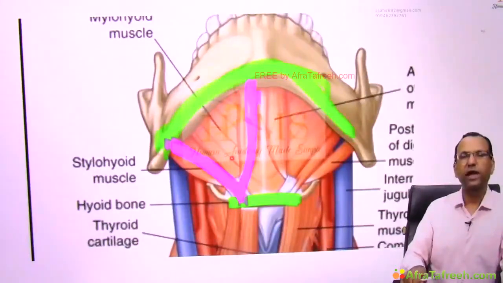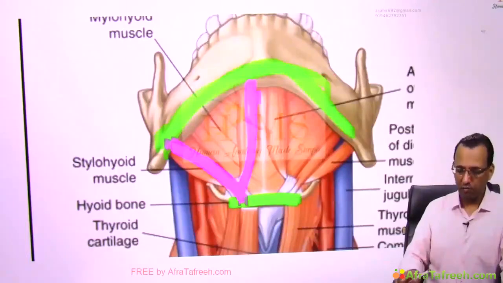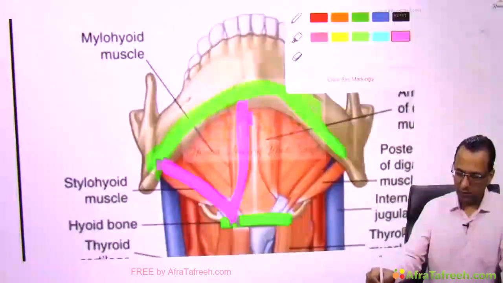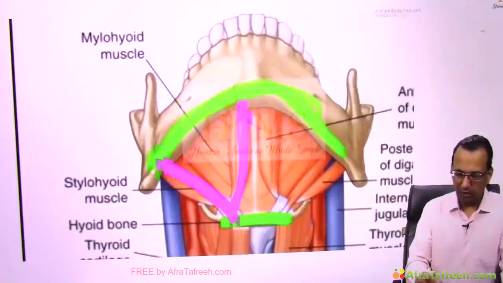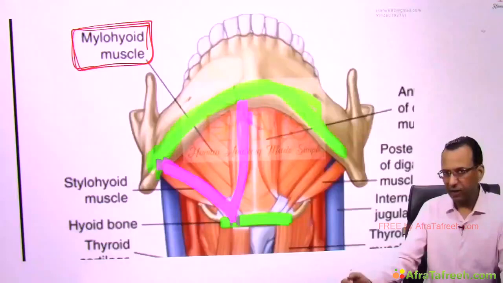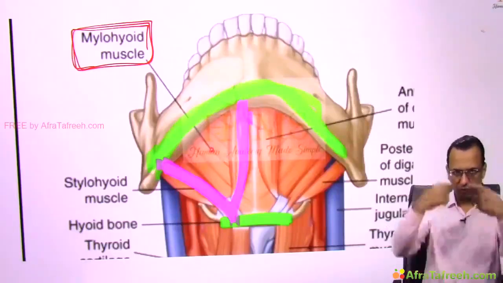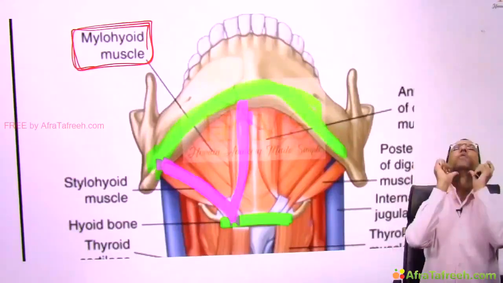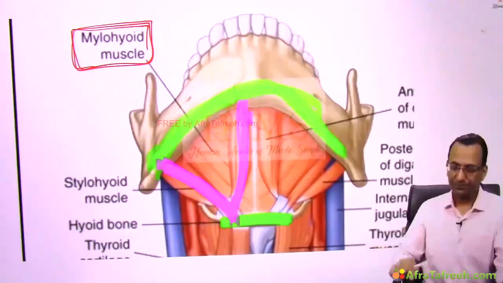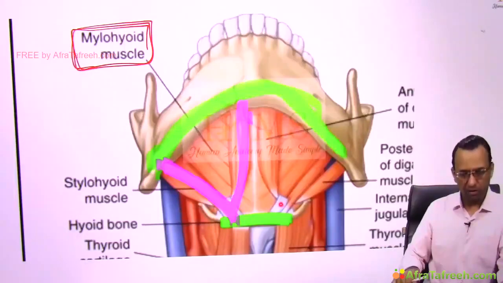What is at the floor of the digastric triangle? The floor of the mouth. What is at the floor of the mouth? The mylohyoid muscle. So there is the mylohyoid muscle at the floor of the mouth and the floor of the digastric triangle. The mylohyoid is the muscle that comes from the mandible to the hyoid bone, which is why it is called mylohyoid.